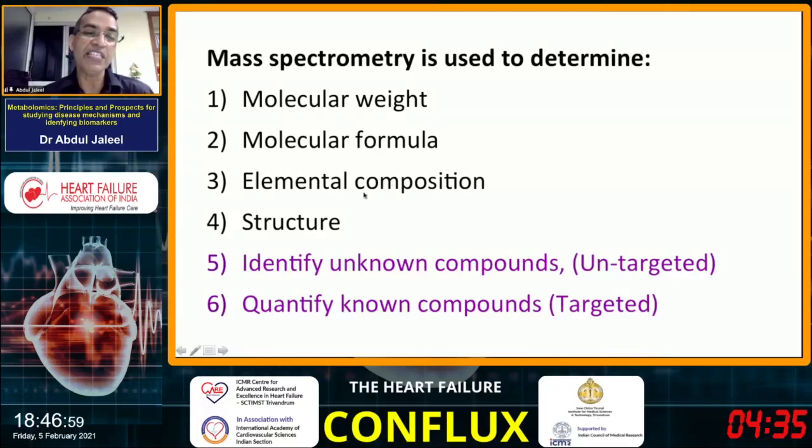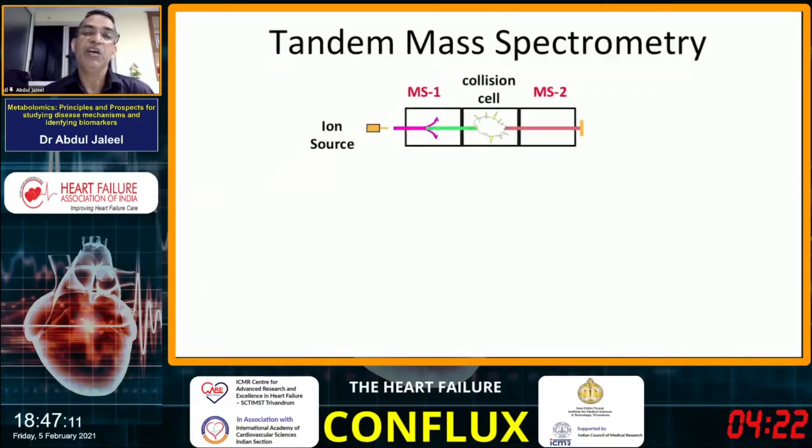And with all these things, we can either identify an unknown compound, that means an untargeted method, or quantify known compounds, that is called a targeted method. In the earlier slide I showed you one analyzer, but nowadays nobody uses one analyzer; everybody uses more than one analyzer in a mass spectrometer, and it is called tandem mass spectrometry.